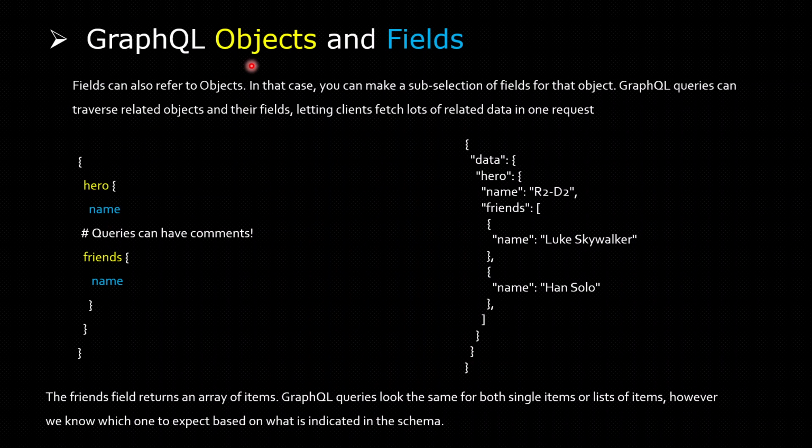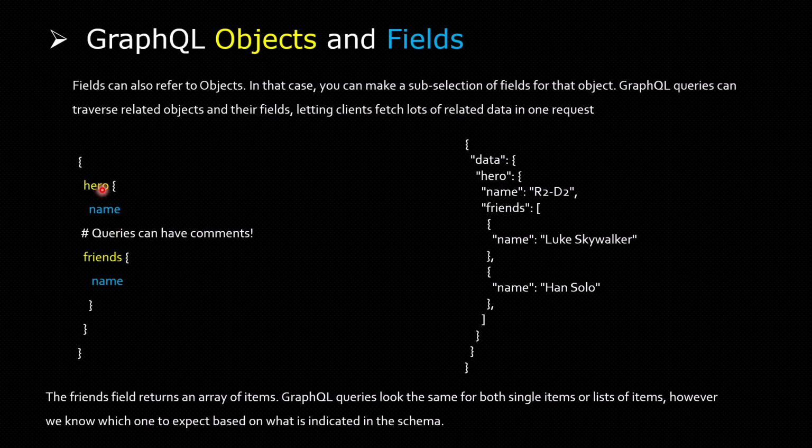Next is object and fields in detail. So here you can do sub selection. How does it work? There is a hero, which is an object. The hero object has a field called name, and then you have one more field. This is a field, but this is referring to an object. So you can do a sub selection here.